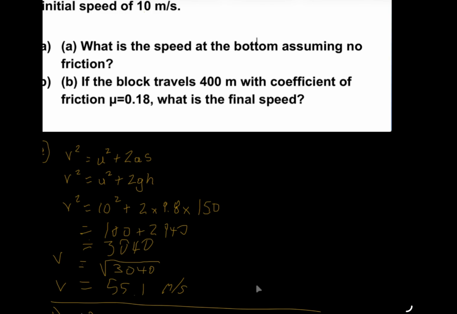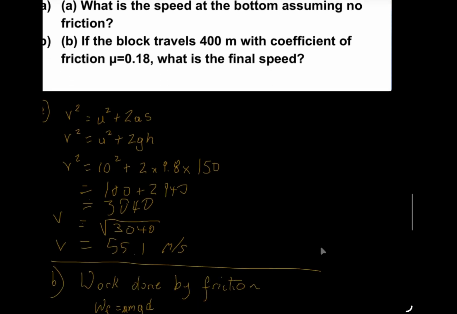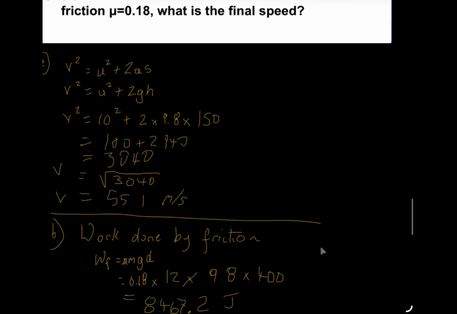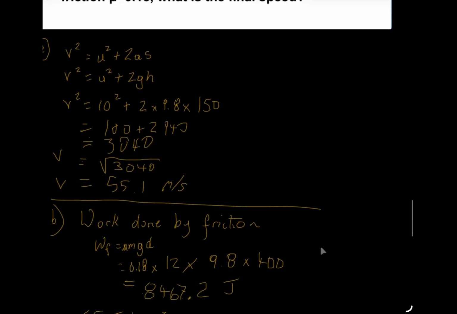Now for part B, if the block travels 400 meters with a coefficient of friction, mu, equal to 0.18, what is the final speed? So there's friction now associated with this, so we have to calculate the energy which friction takes away, or the work done by friction.